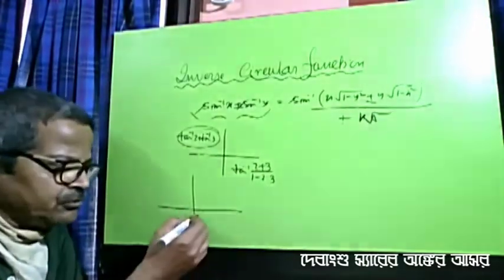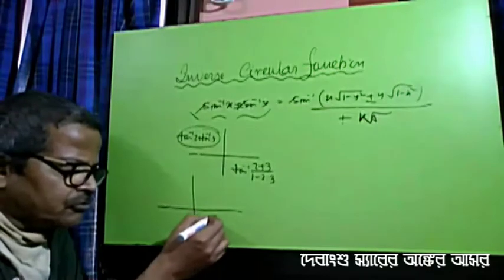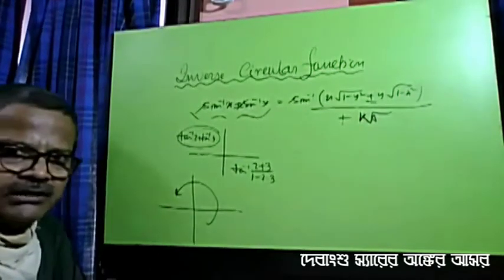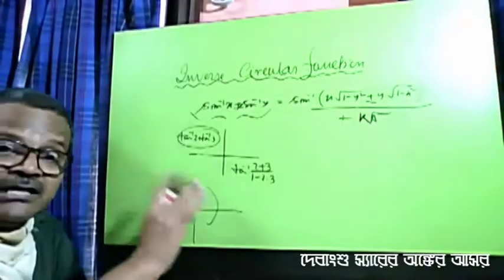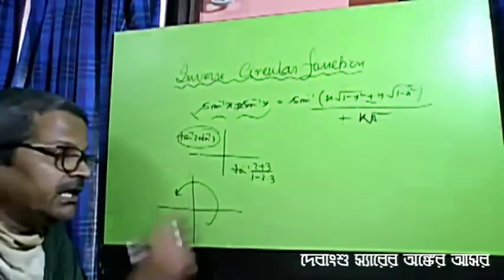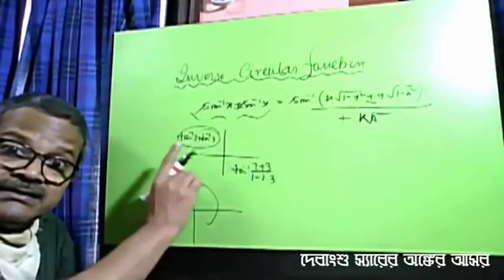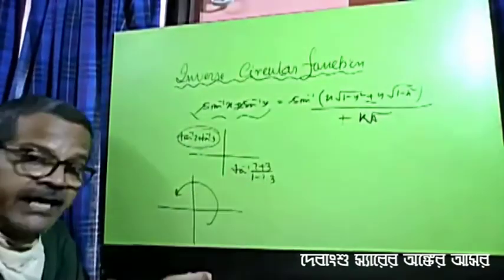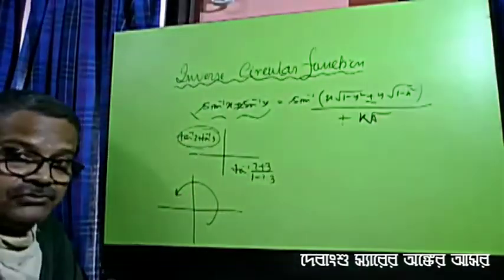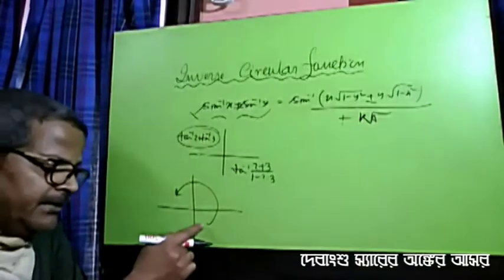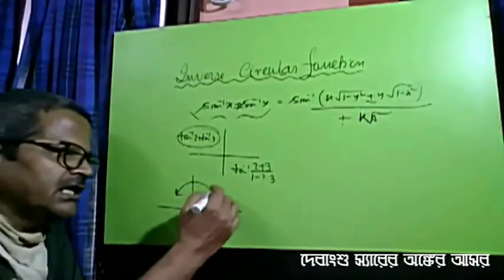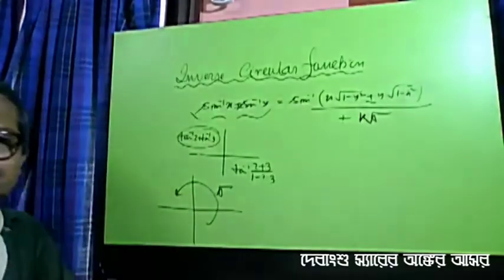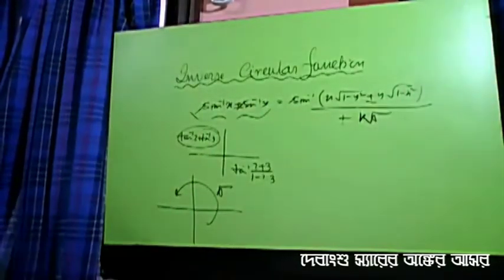The answer should be in the second quadrant and you arrived at the fourth quadrant. So you have to come back from the fourth quadrant to the second quadrant. Just add pi.